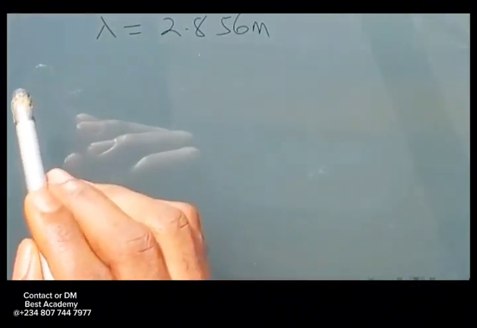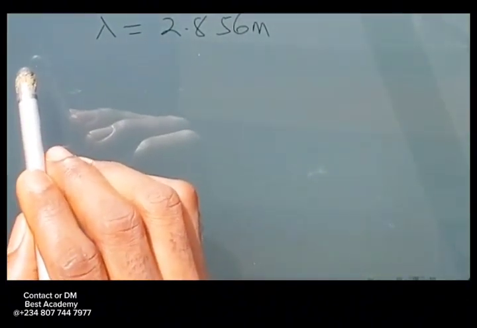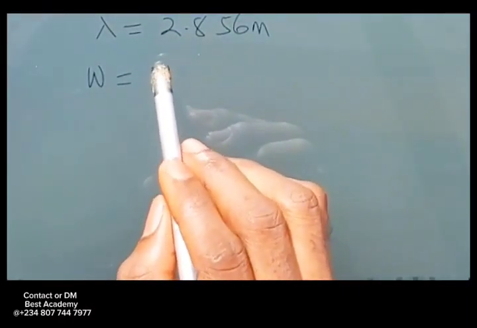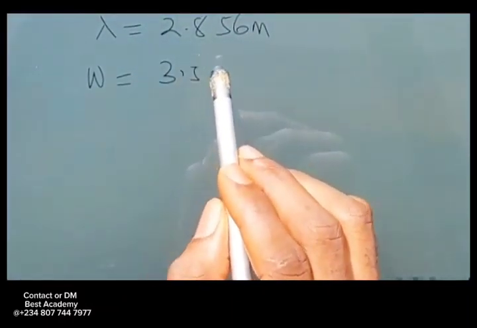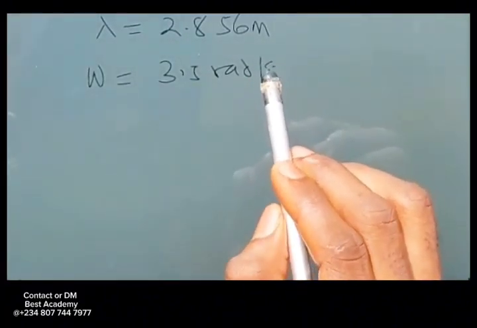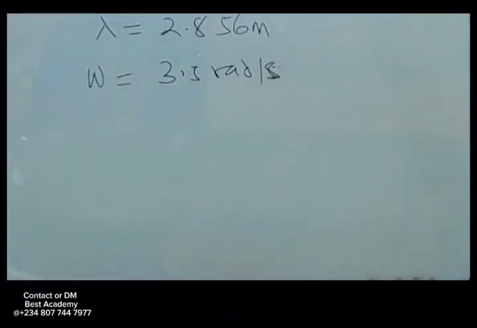So remember, we said that our omega gave us 3.5 rad per second. The only thing relating to frequency from the parameters given to us: amplitude is given to us, phase angle is given to us, angular velocity is given to us, and we are asked to find frequency.